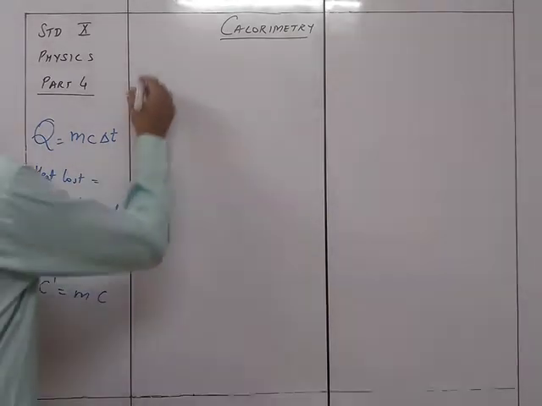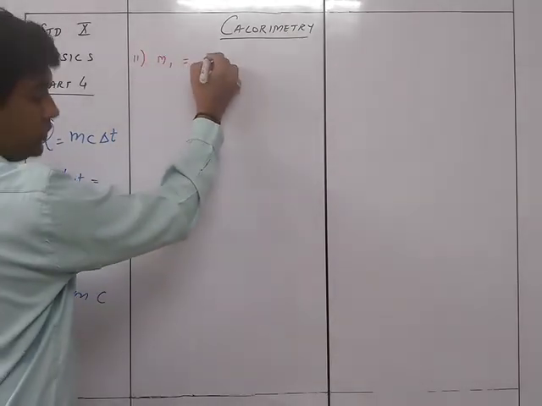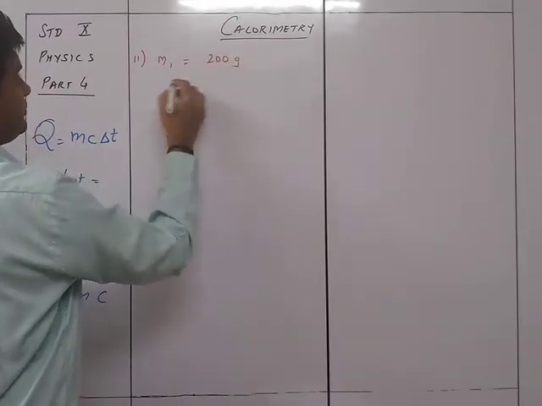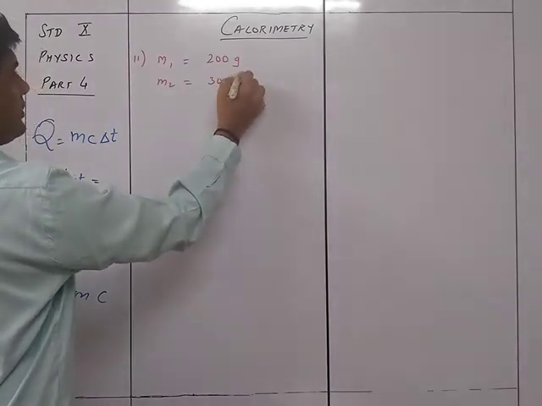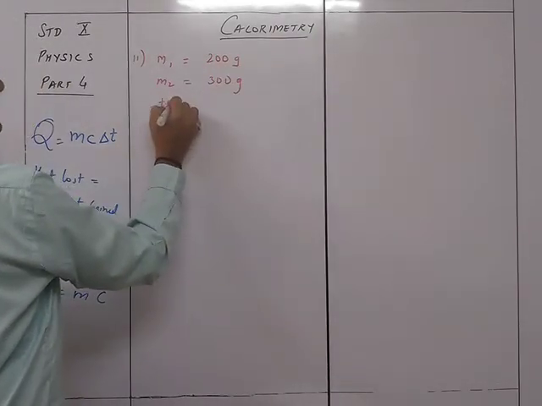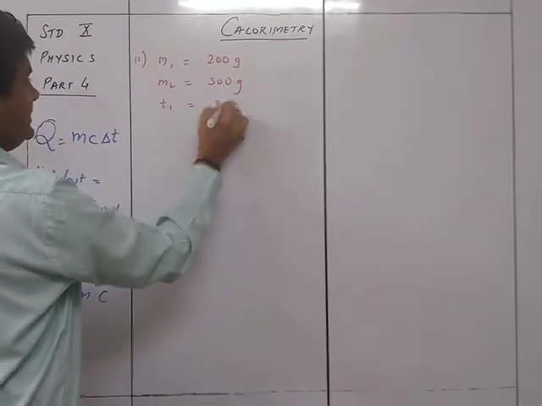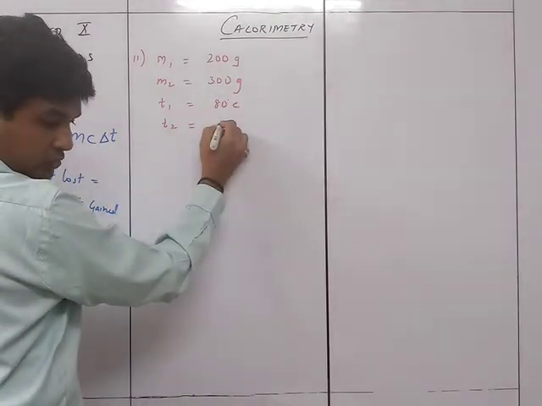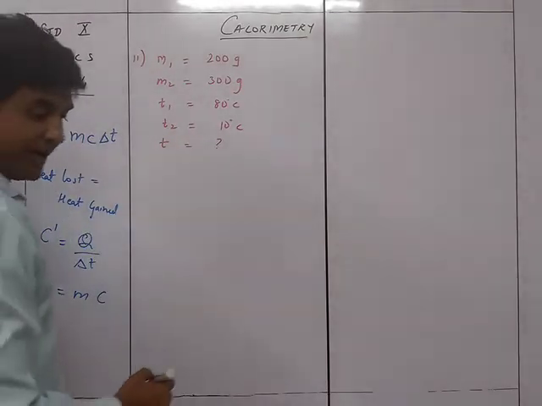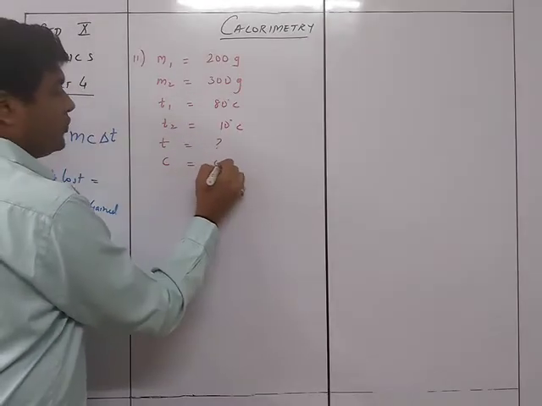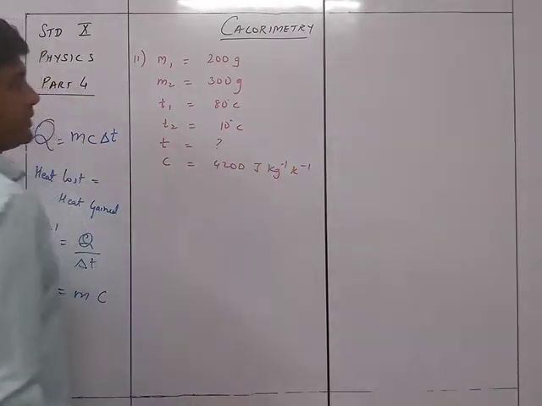So it's given over here in the sum that M1 is equal to 200 grams, M2 is equal to 300 grams, T1 is equal to 80 degrees Celsius, T2 is equal to 10 degrees Celsius, T is the final temperature that you need to find out, where C is equal to 4200 joule per kg per Kelvin.